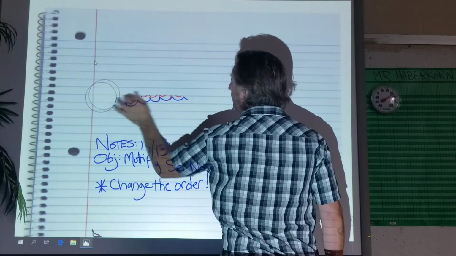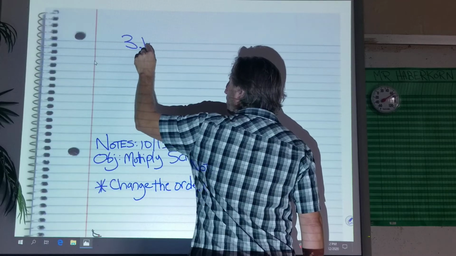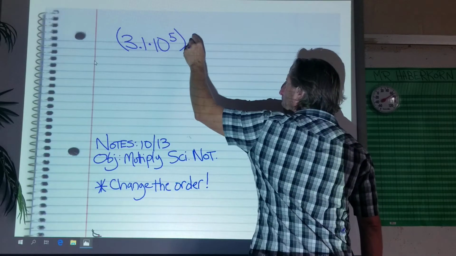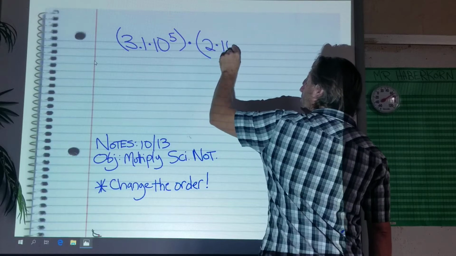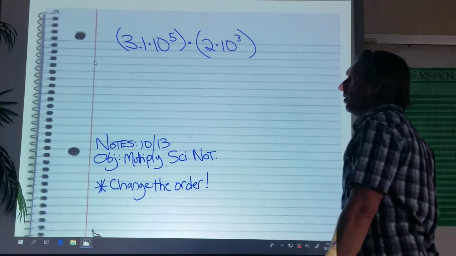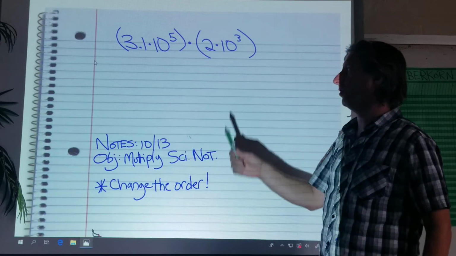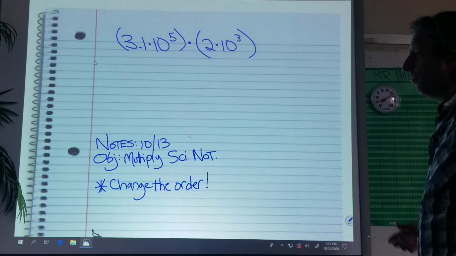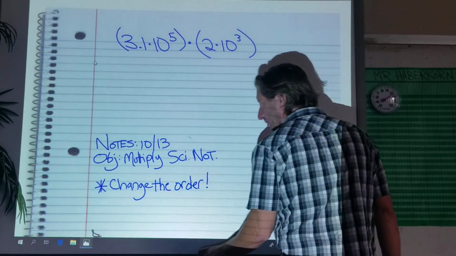So, all right, so I have 3.1 times 10 to the 5th and 2 times 10 to the 3rd. And I want to multiply them. Now, I could figure out the numbers and multiply the giant numbers, but there's a way easier way to do this. And that is by doing this, change the order.